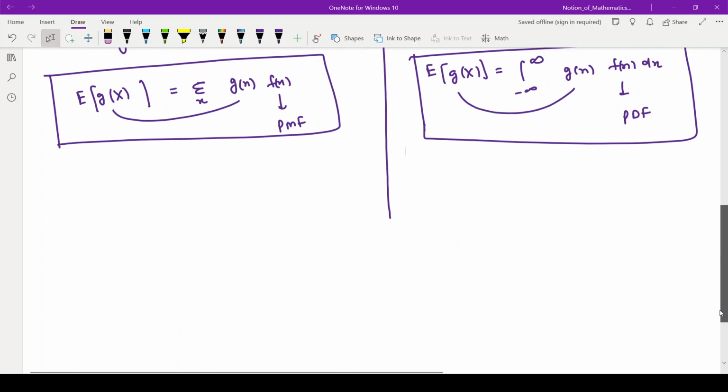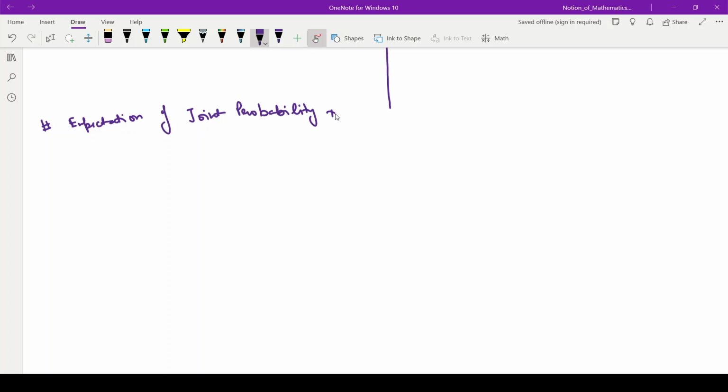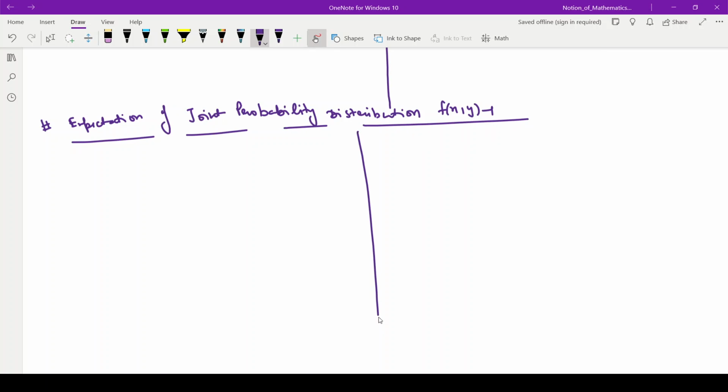Thereafter, one more definition of expectation is required to discuss here, that is the expectation of a joint probability distribution, which we may write like f(x,y). Again we will be discussing two aspects here.